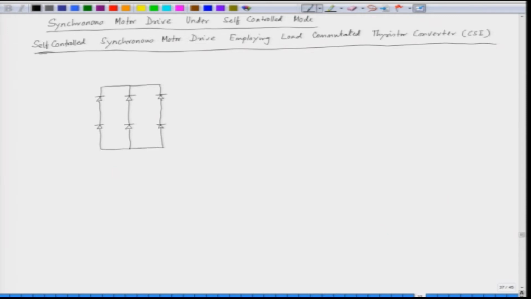And we have a DC link here. The DC link has a large inductor to almost keep the current ripple free. Then we have a CSI, which is a thyristor converter, which has 6 SCRs.